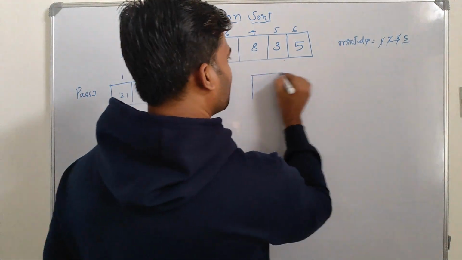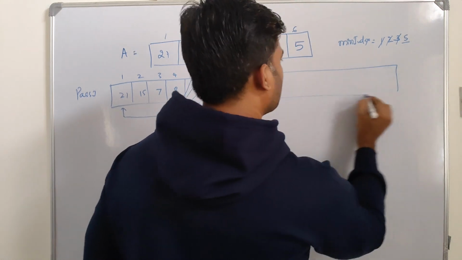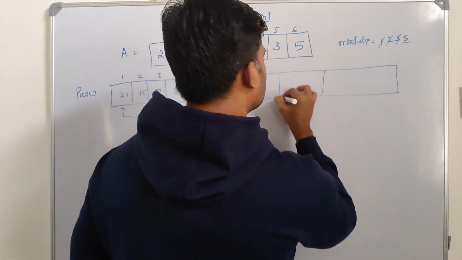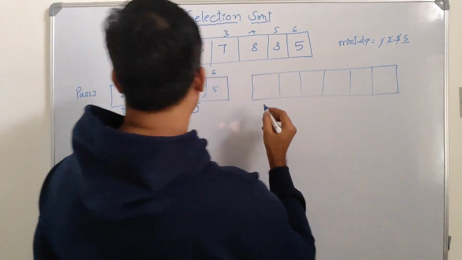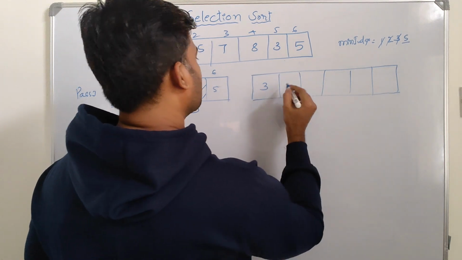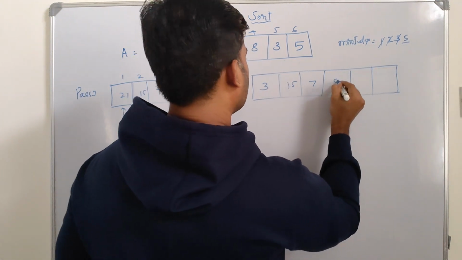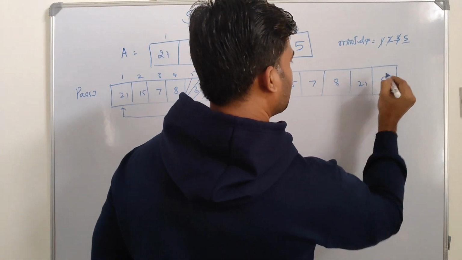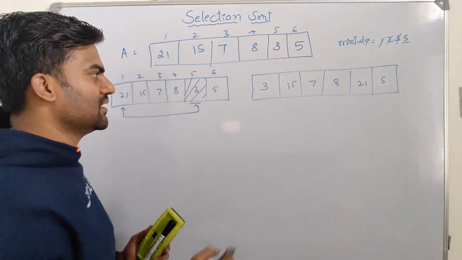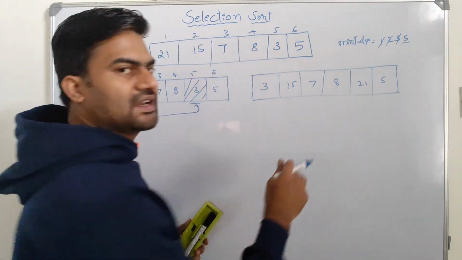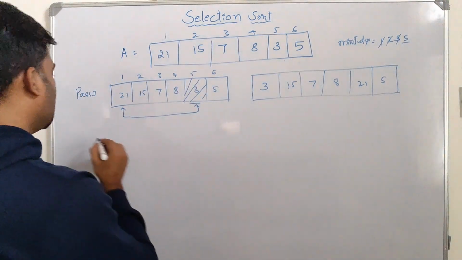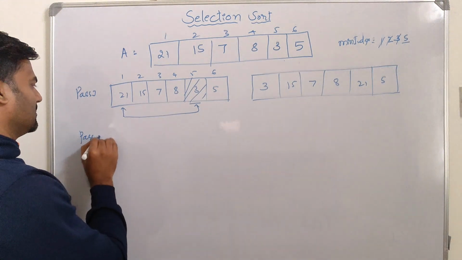So at the end of first pass, we will get something like this, which is 3, 15, 7, 8, 21 and 5. Okay. Now this is the output at the end of the first pass. Now I will consider the second pass.